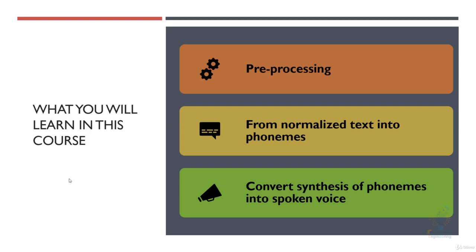Then we come to the final step, which is the last step. It involves the synthesis of phonemes into spoken voice. This step can be achieved by different methods, like by recording your human voice for different words or phrases.